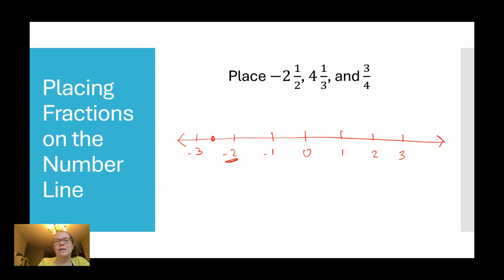So -2 and 1/2 is going to land here. 4/3 is going to be out at 4, and then I have an additional 1/3 taking me away from 0. There's my 4 1/3. And then 3/4 does not have a whole component, so in between 0 and 1, it's going to be more than half. It's going to be about right here. These are not perfect placements.